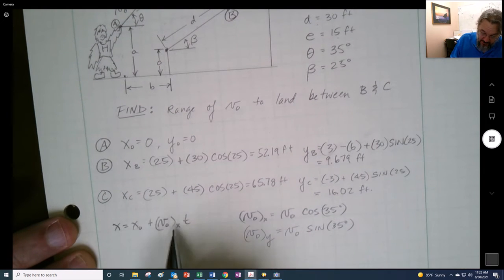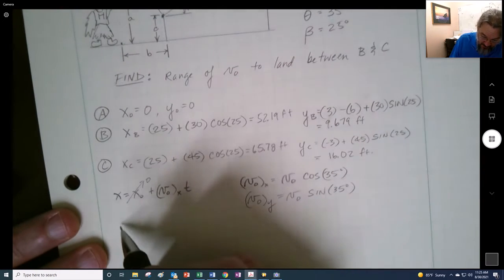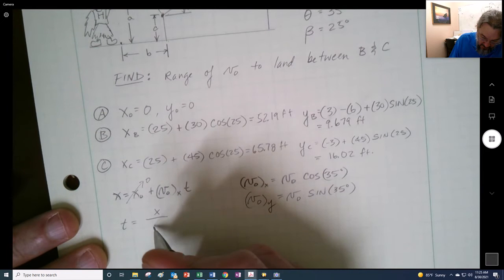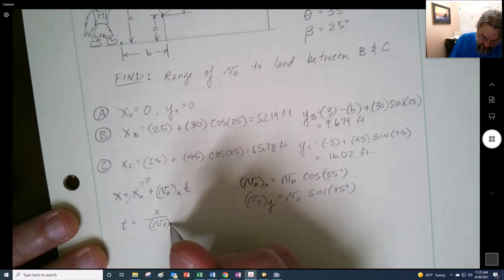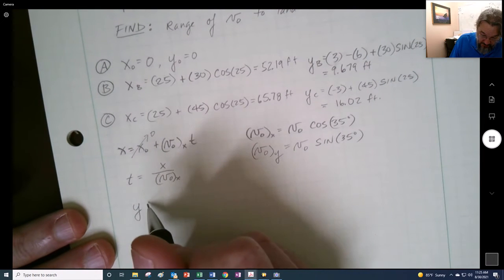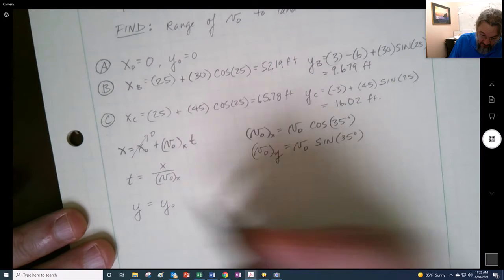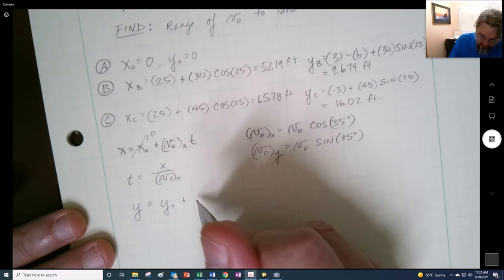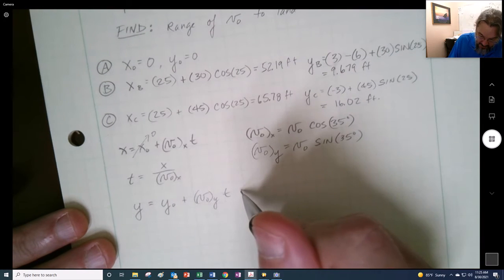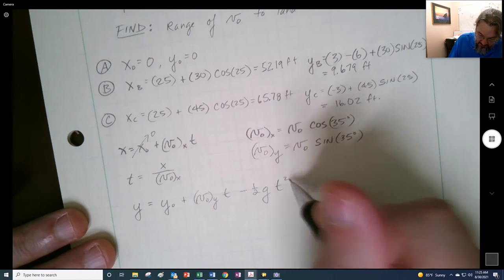All right, so here in the x direction, and we know that x is 0 here, so we can solve for time, and that's just going to be x over VOX. Right, and we're going to use that the position right here is going to be the original position plus VOY times time minus 1/2 g t squared.